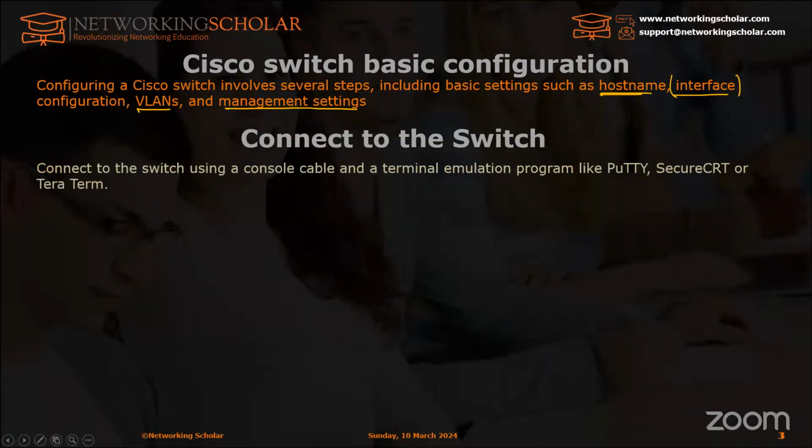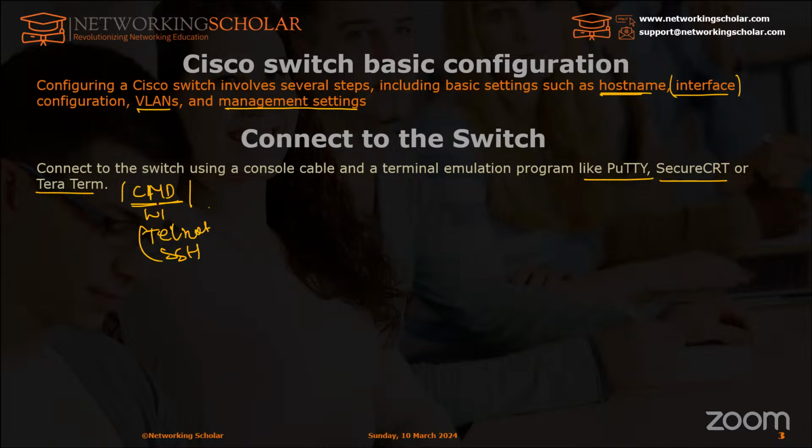So we know these are the devices, and we are always using some kind of software like PuTTY, SecureCRT, or Tera Term, or sometimes we can also use CMD of a Windows machine. If we are working on Windows, then we can use Telnet or SSH from the CLI in CMD.